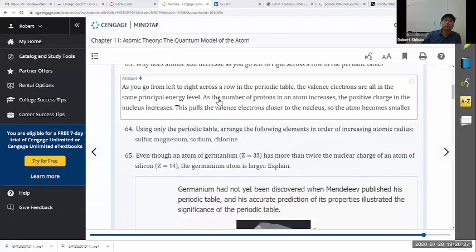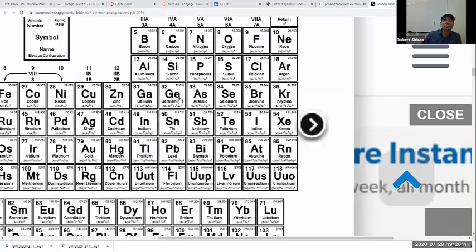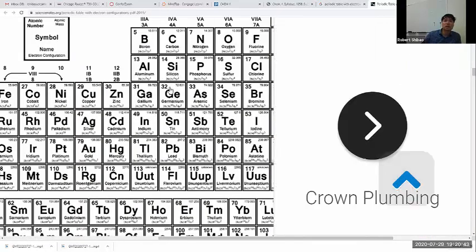If we look at the periodic table, germanium is in the next shell, so we have another shell of electrons. So that's why, even though it has more than twice as many protons, 14 versus 32, it's not smaller, because we have another big shell of electrons.